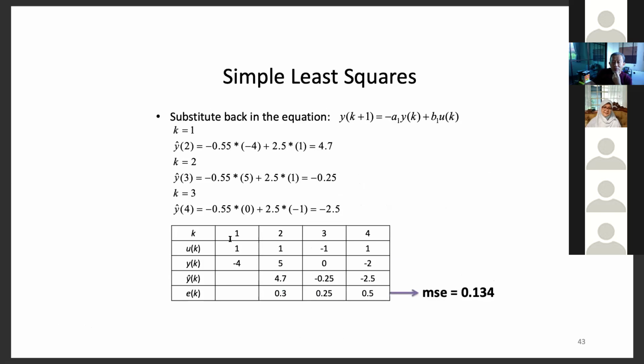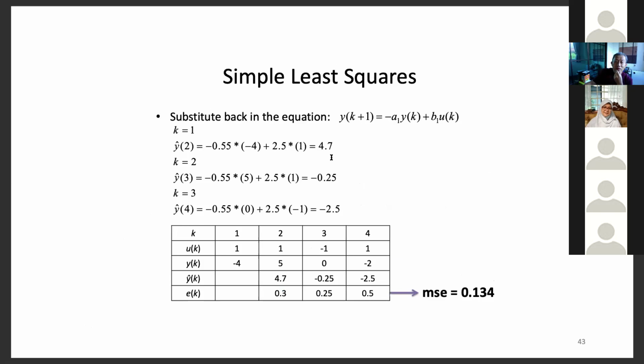Then, as usual, I ask my students to calculate the estimated y estimated 2, y estimated 3, and y estimated 4, with k equal to 1, k equal to 2, and k equal to 3.